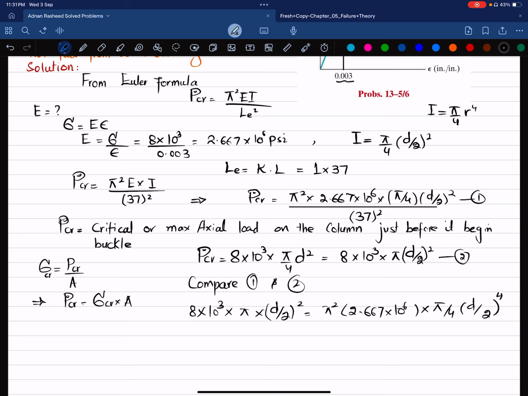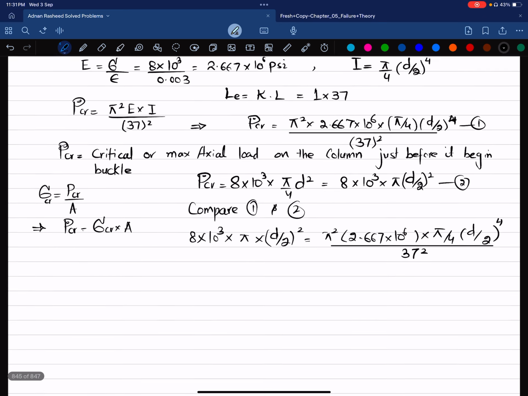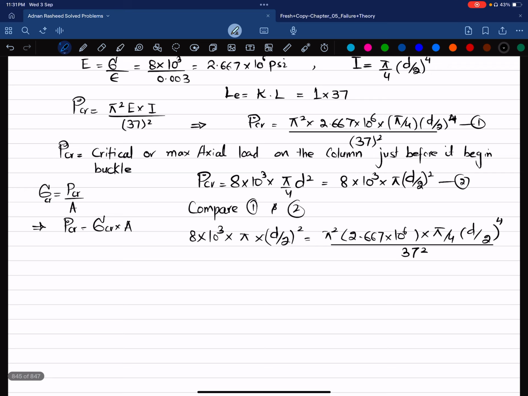One thing I made a mistake on: this is pi by 4 r power 4, so r is d divided by 2, so this is power 4.